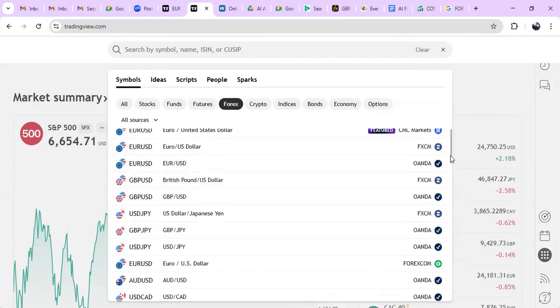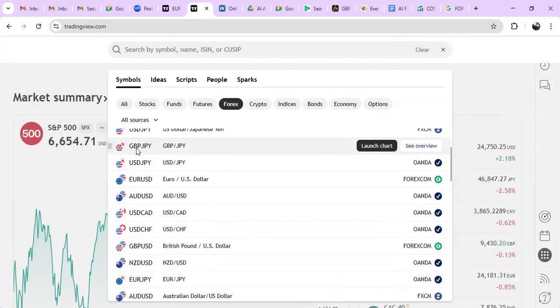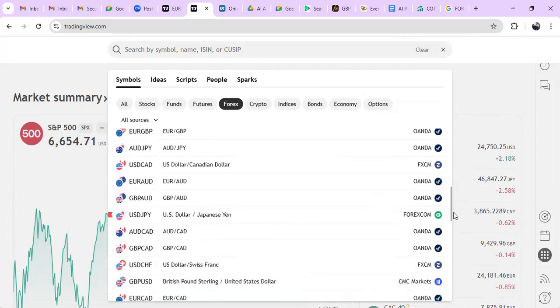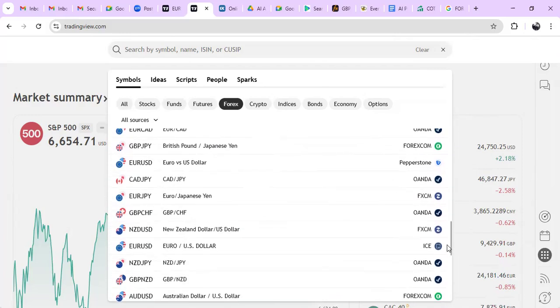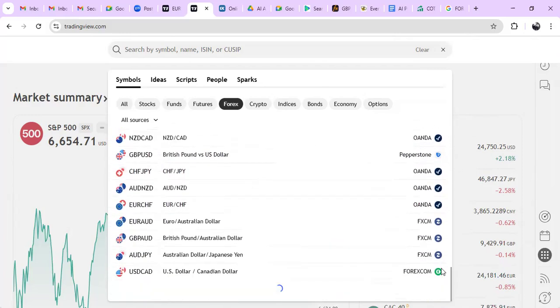If you go down, you see the British pound trading against the Japanese yen, the Australian dollar trading against the United States dollar, the United States dollar trading against the Canadian dollar, and the United States dollar trading against the Swiss franc. These are the pairs you trade in the forex market, and you can chart them from your TradingView page.